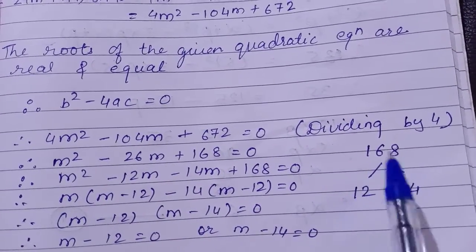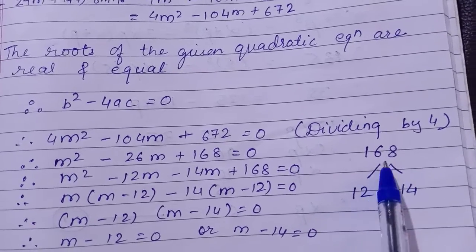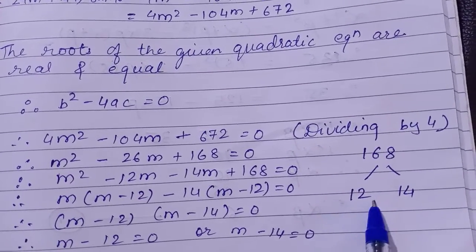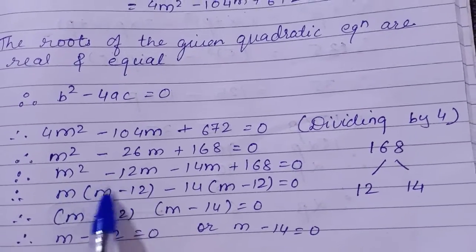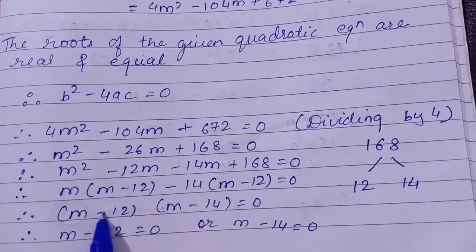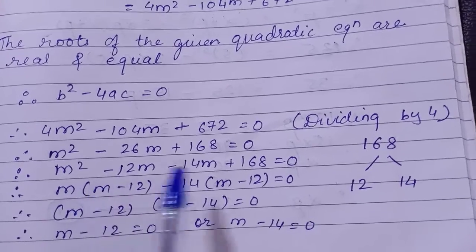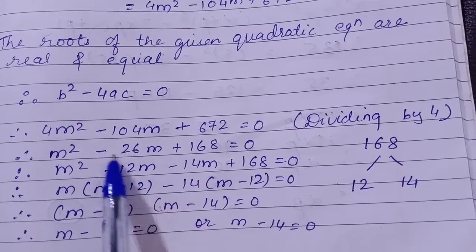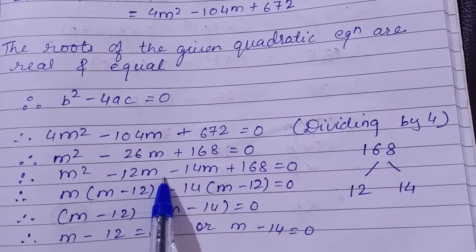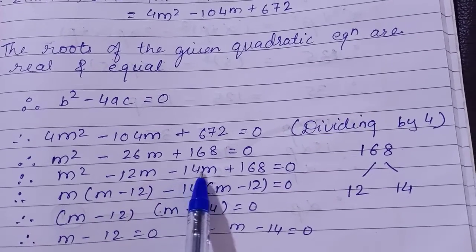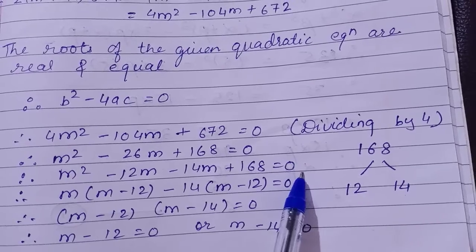We get 12 14s are 168, so it will be easier for us to solve this equation. Putting the factors of 168, we will get m square minus 12m minus 14m plus 168 equal to 0.